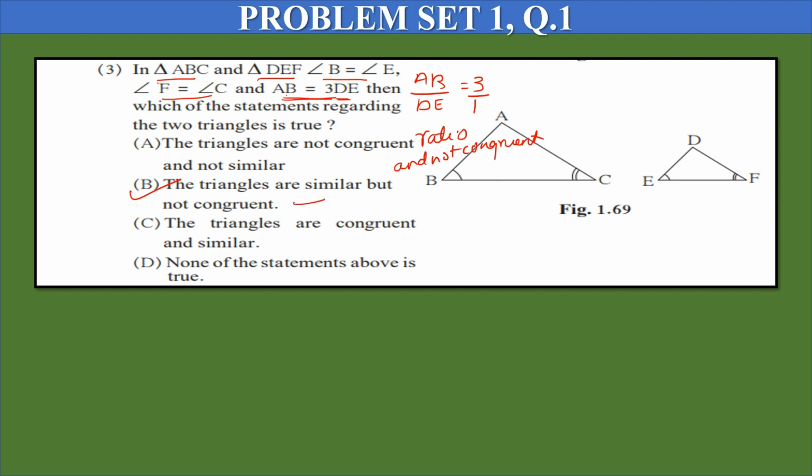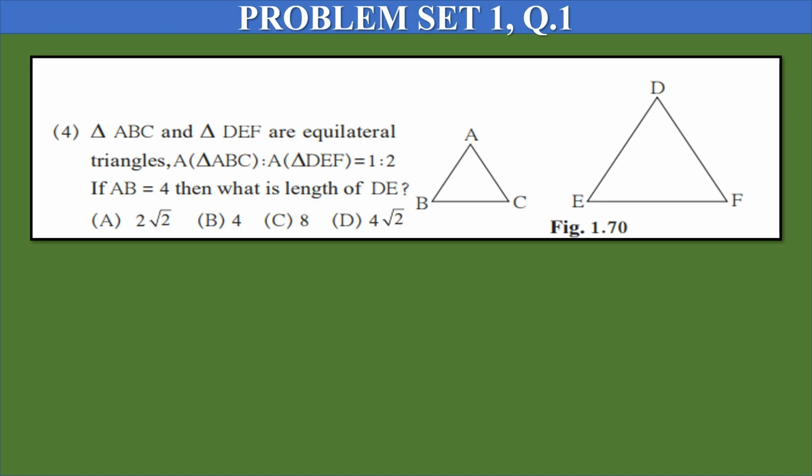In triangle ABC and triangle DEF, both are equilateral triangles. And here given is area of triangle ABC is to area of triangle DEF is equal to 1:2. So I'll write like this: area of triangle ABC upon area of triangle DEF is equal to 1/2.